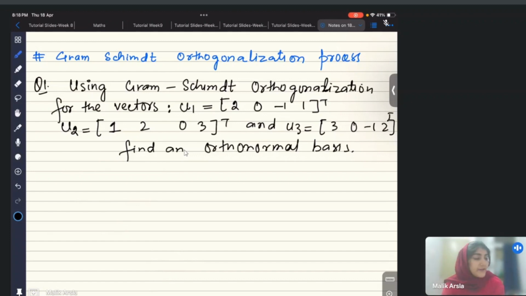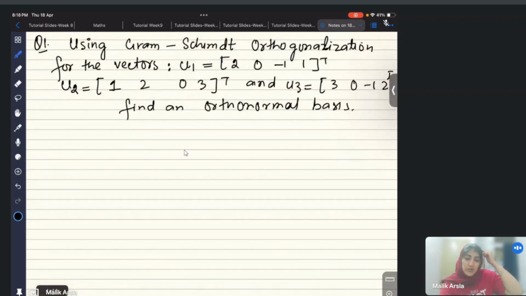So we have to find an orthonormal basis for the given vectors using the Gram-Schmidt orthogonalization process.